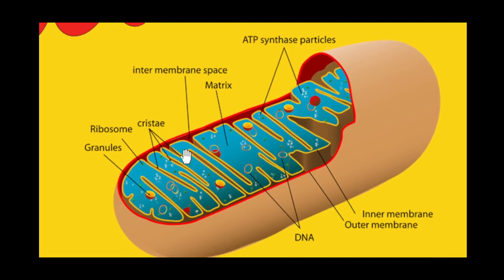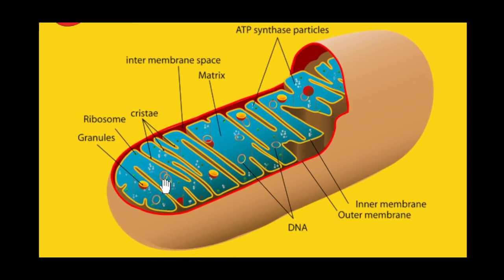So we have the folds inside. These are called cristae. We have some ribosomes that make proteins, some granules, and the space inside between the folds and our outer membrane, we have the intermembrane space.